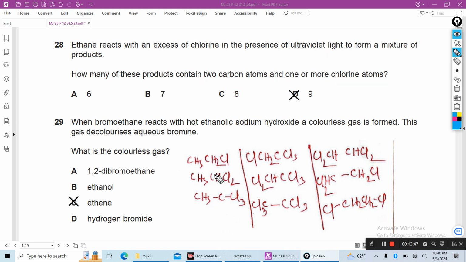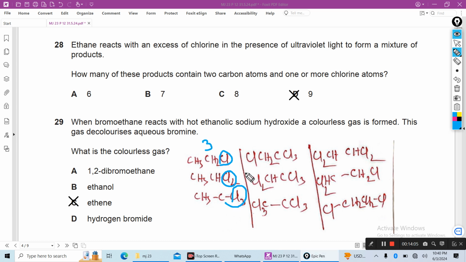This is the 9. First, one hydrogen is replaced by a chlorine atom. Second, 2 hydrogen are replaced by 2 chlorine atoms. 3 hydrogen replaced by 3 chlorine atoms. This first 3.